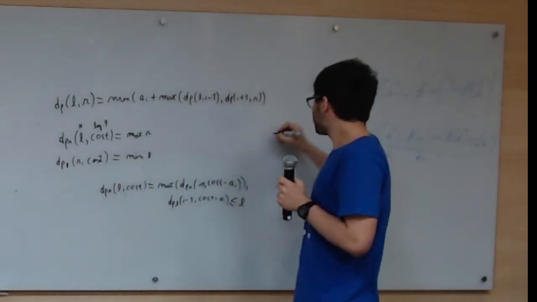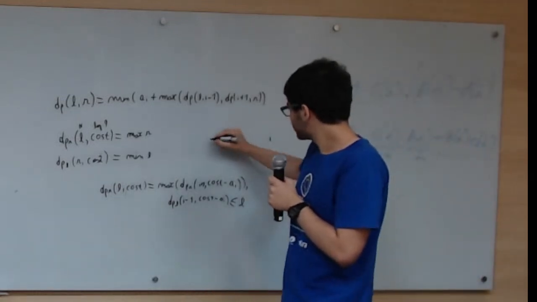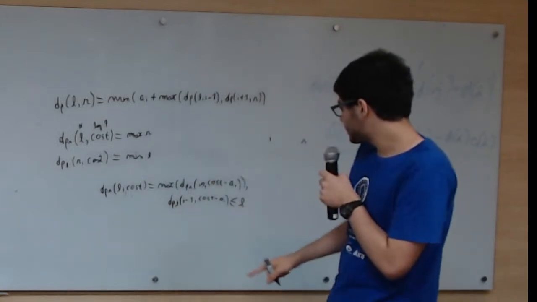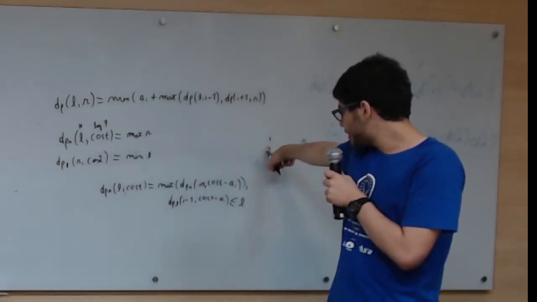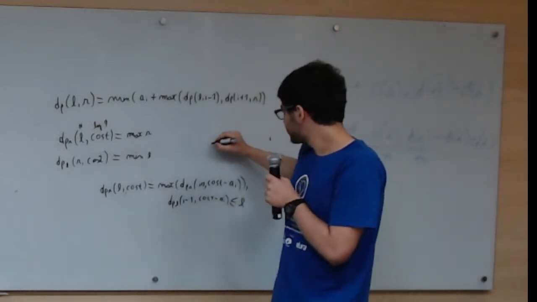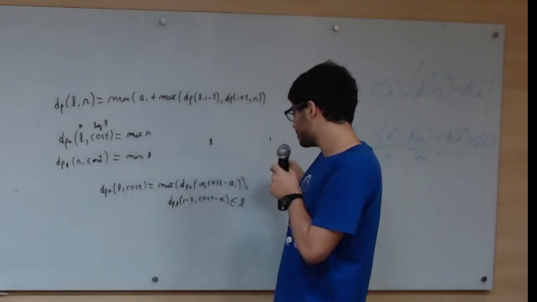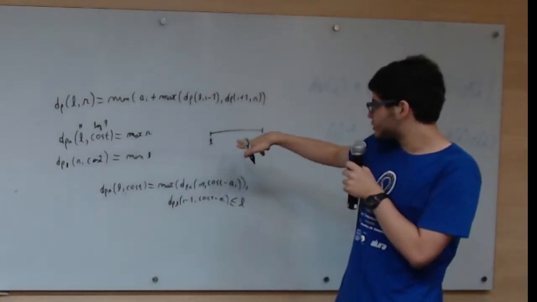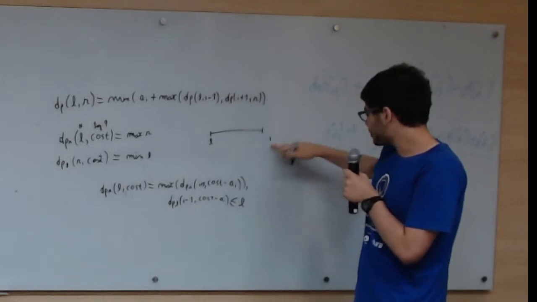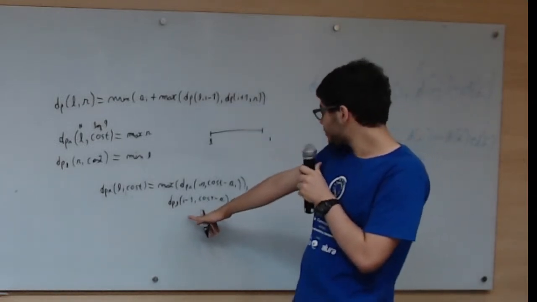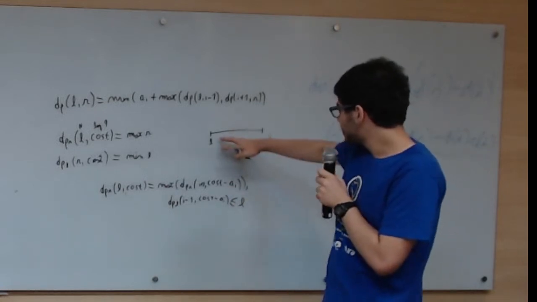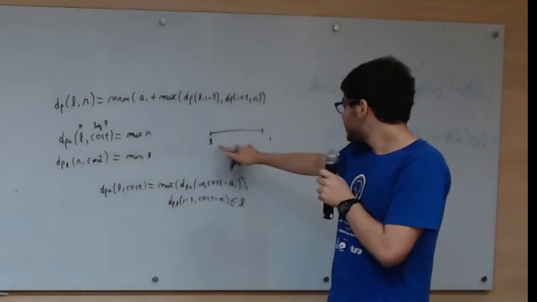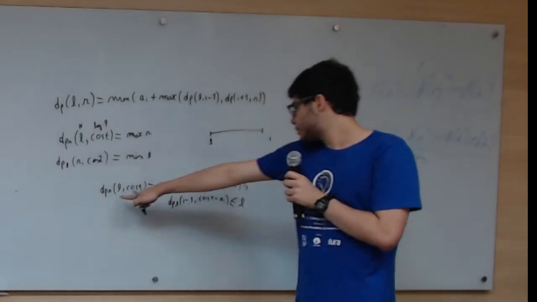Okay, so for every I, let's say that you are looking at I now, and this is L. You say that the answer for everything here is the maximum between the current answer and the answer from I. So you say that the answer for everything that is greater than DPL[I-1][cost - A[I]] is the maximum between its current answer and this.